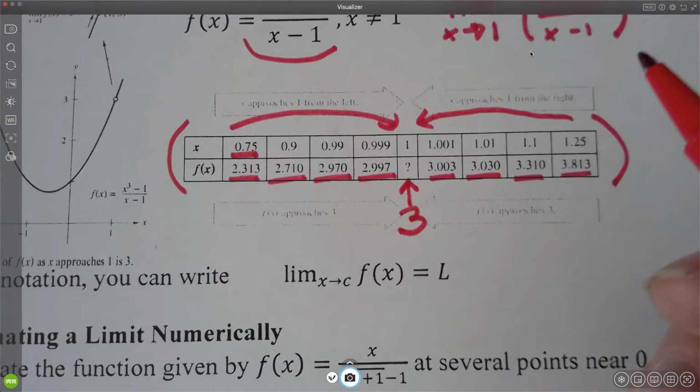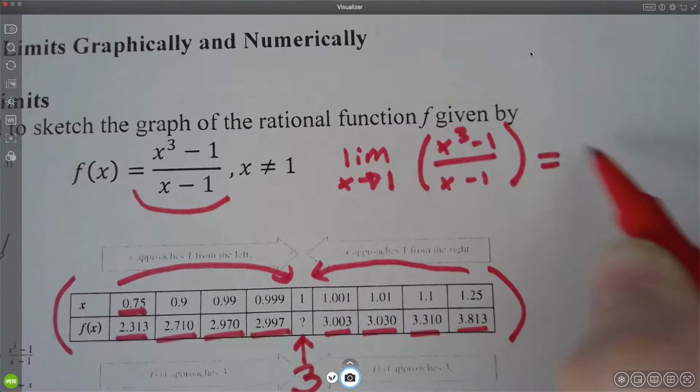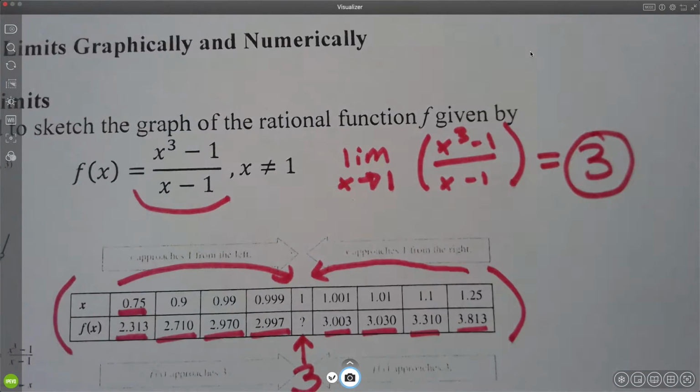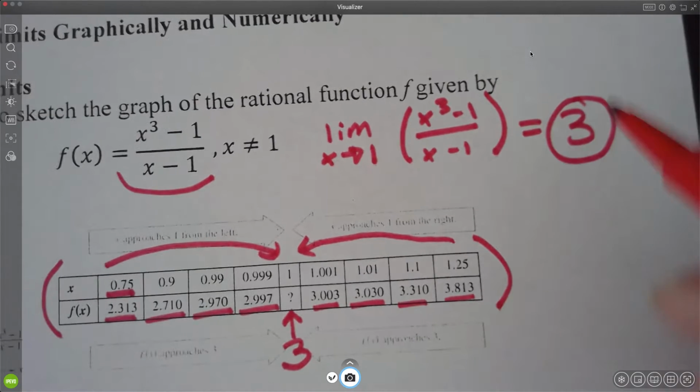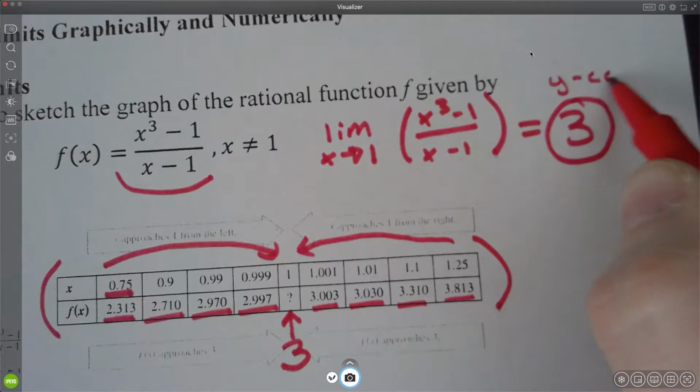So the limit as x goes to 1 of this function would be 3, because on either side we're pinching in toward the y coordinate. We're trying to find the y coordinate, which is 3.